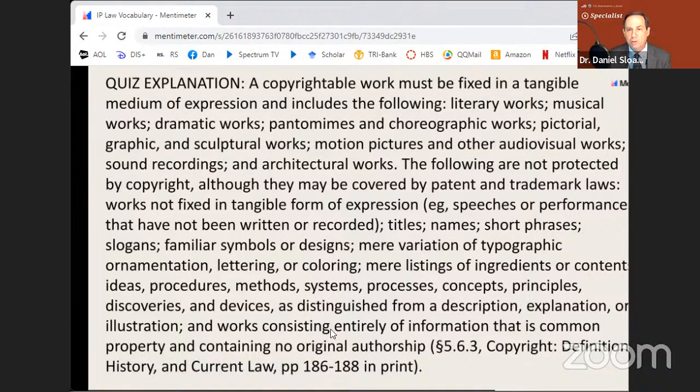So those are excluded. They're not protected, although they may be covered under one of the other forms of IP.